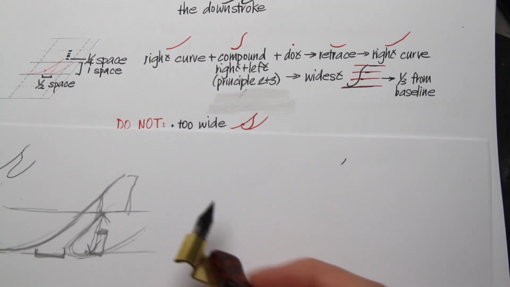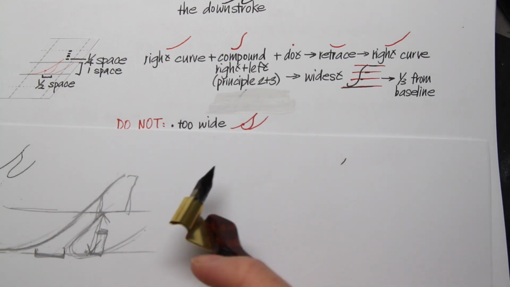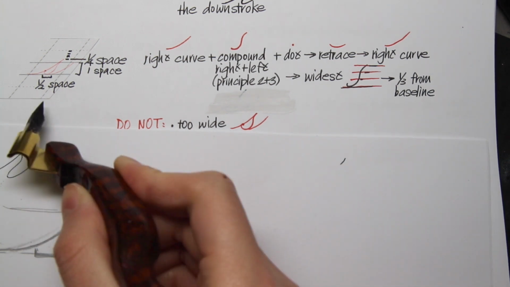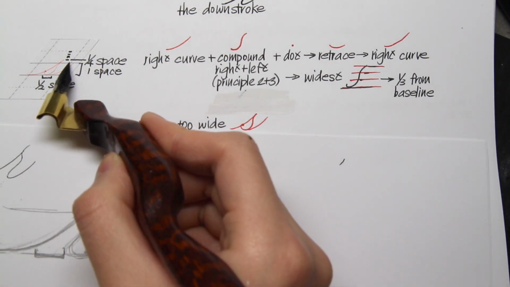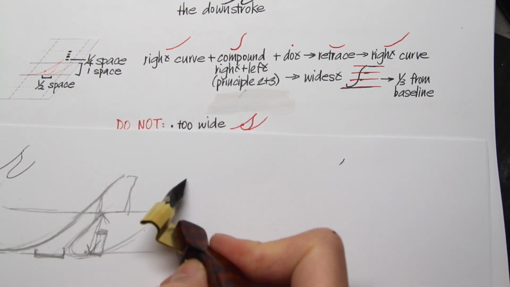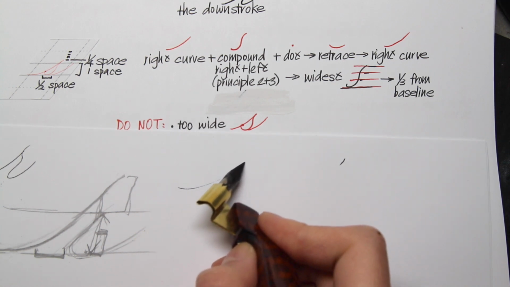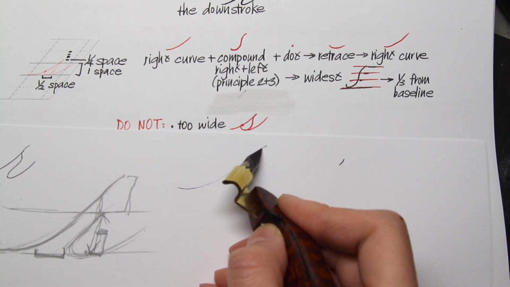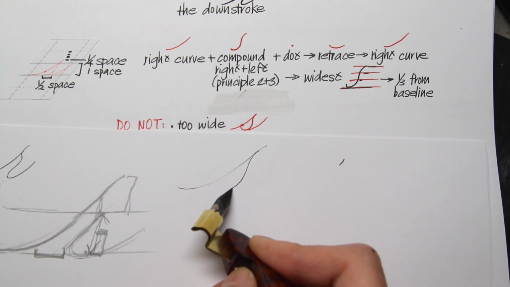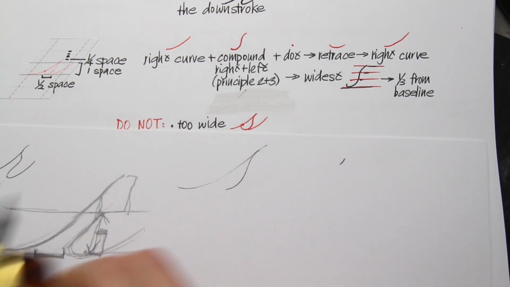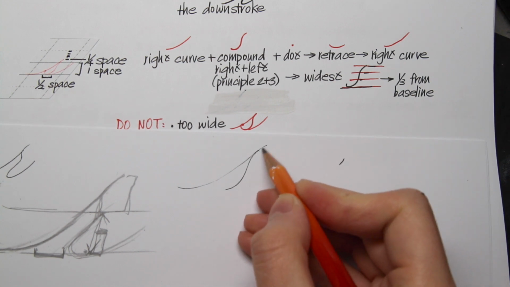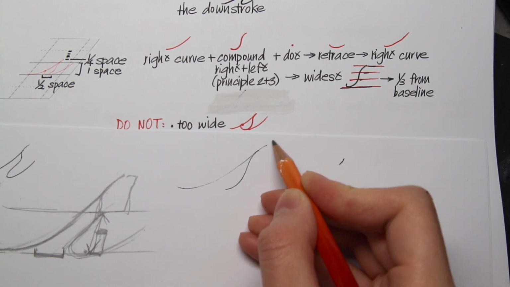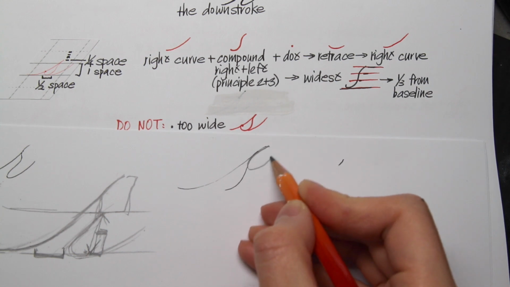The letter S is, like the letter R, half a space tall, half a space wide, and reaches up 1/4 of a space. It begins with a right curve, compound curve. So think, if compound curve is hard for you to execute, think this is your left curve.